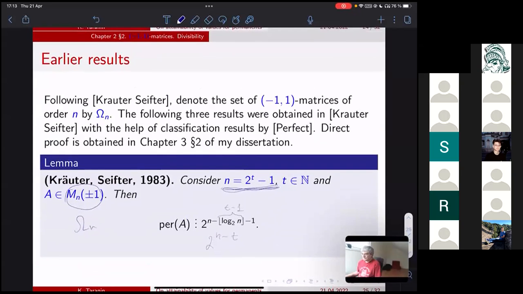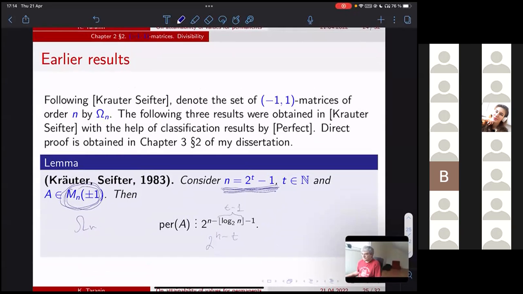So this is the first result by Kreuter and Zeifter. They proved that for all n of this form and all matrices from Omega n, the set of all ±1 matrices of order n, their permanents are divisible by 2 to the power n-t.